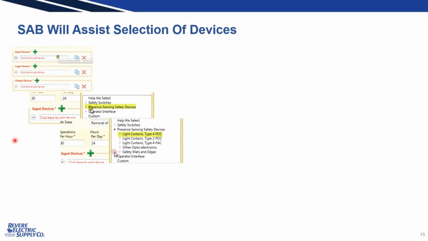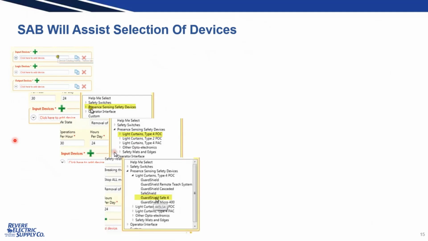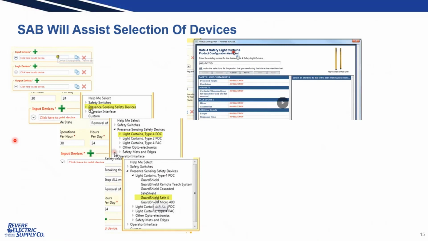We're going to pick a light curtain. We have choices here as well, but in this case, we picked a light curtain type 4. That will open up another block that allows you to select what type of light curtain you want. In this case, we picked Guard Shield Safe 4. When you click on that, it's going to open up our product configurator, which is another component within ProposalWorks.